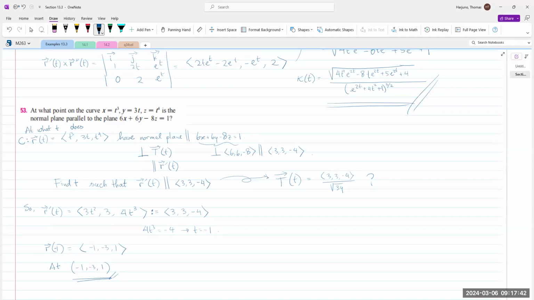I think I need to remind you about this. Normal plane is normal to unit tangent vector. And then what other plane? I forgot. The one that is normal to the normal vector, tangent plane. And the one that is normal to binormal vector is osculating plane.